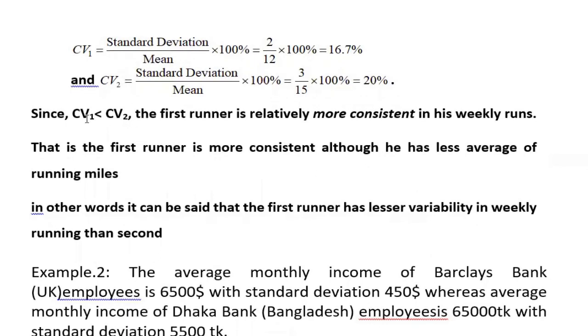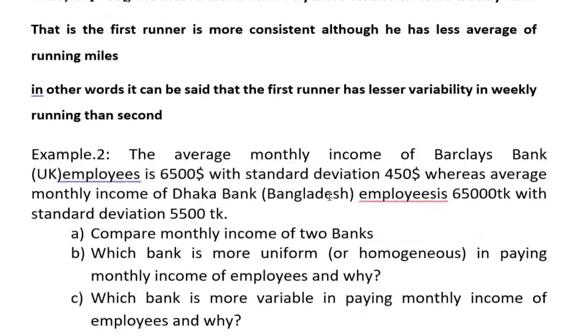The first runner's coefficient of variation is less. So the first runner is relatively more consistent, because when there is a lower CV there is less variation. We can say the first runner is more consistent in weekly running than the second runner, although he has a lower average of running miles. In other words, the first runner has less variability in weekly running.